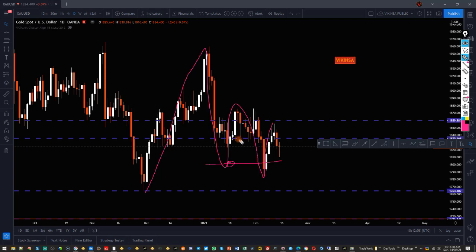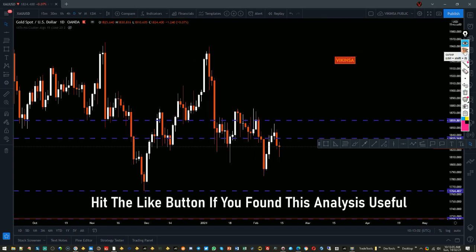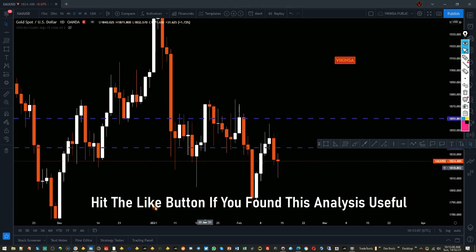Okay, so this is what we had, and let's clean this up and look at it from a different perspective. So even in this entire structure, what you have here is that we had this M pattern, and that is why we were looking for a long from here, and this is the one that I took, and this is the one which actually was able to give us very good profit targets.